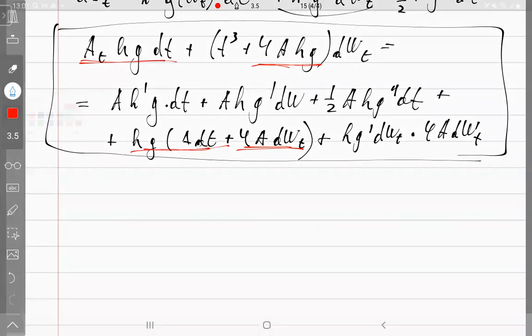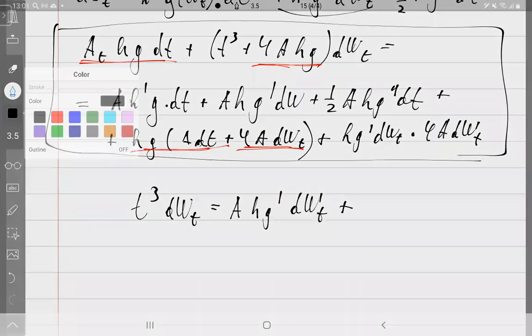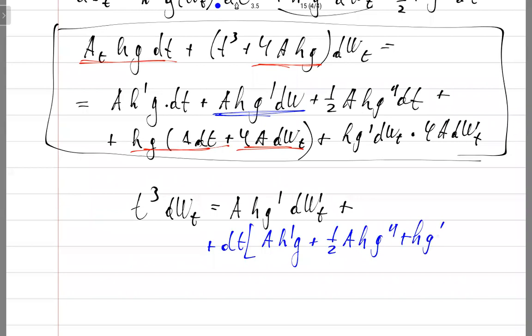So I will get the equation t cube times dWt should be equal to a h g prime dWt, plus everything else with dt: dt times a h prime g plus one over two a h g prime prime plus h g prime a.